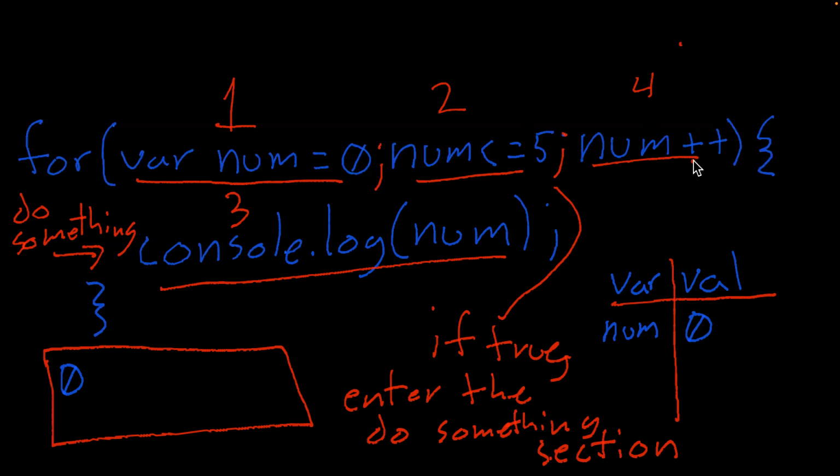Num plus plus means increase by 1. So then we'll do that. We'll go to our T diagram and we'll increase it by 1. So now this is the new value of num here, 1.